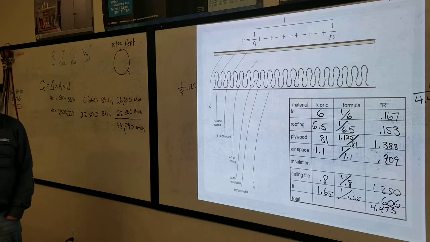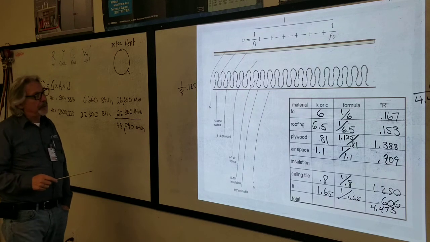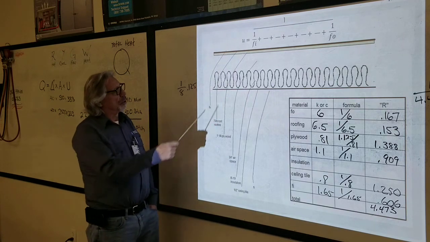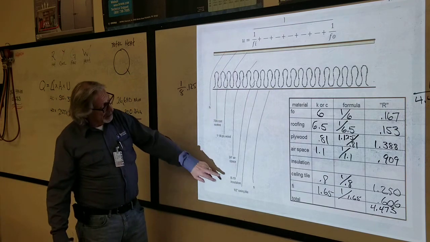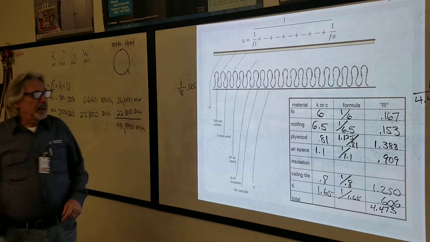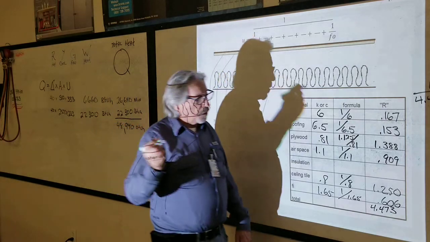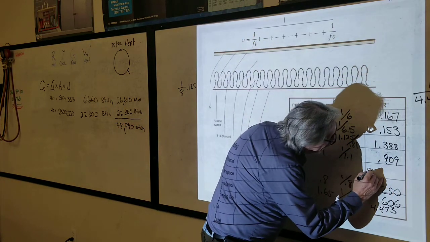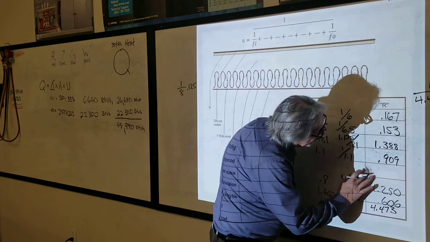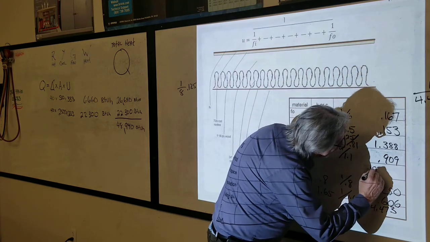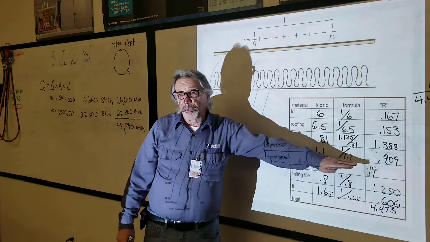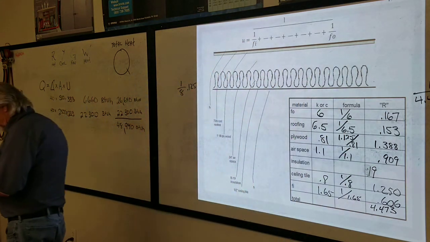Basically we have insulation R19. So we can go ahead and put our 19 right here, for the resistance, because the R value is what we're looking for.